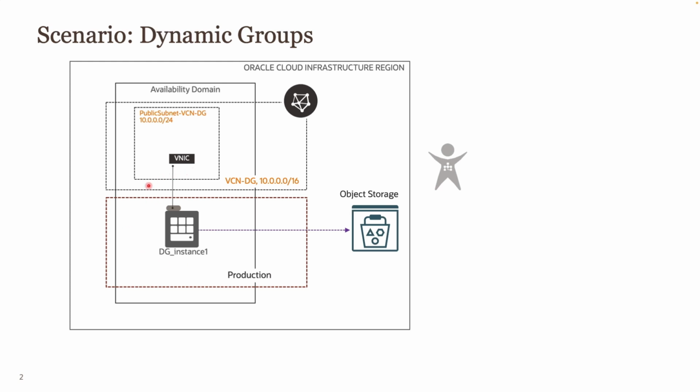What we want is for the instance to use the object storage service and create a bucket in a specific compartment. Now remember, this is not a human identity doing it. It is an application running on the instance calling the object storage service and creating a bucket.